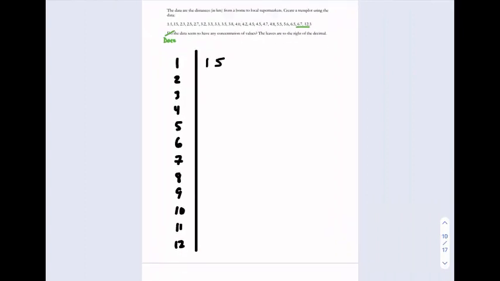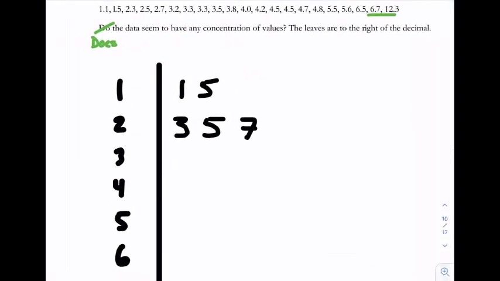All right, next one is 2.3 kilometers. Let me get that stacked in there. Next one, 2.5, and 2.7. Now we're done with the twos. Next, the 3 pointers: 3.2, 3.3, 3.3, 3.5, and 3.8.